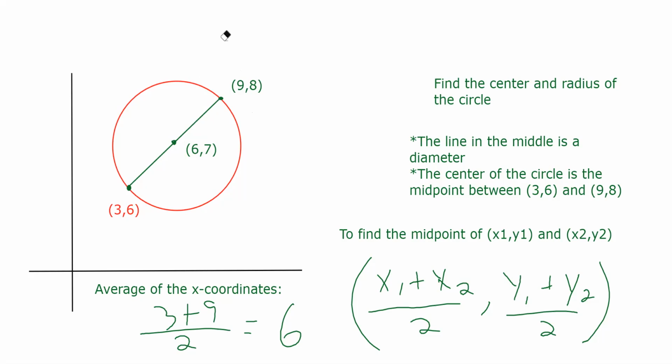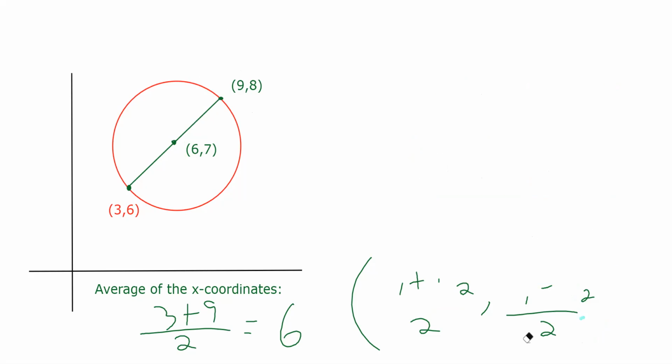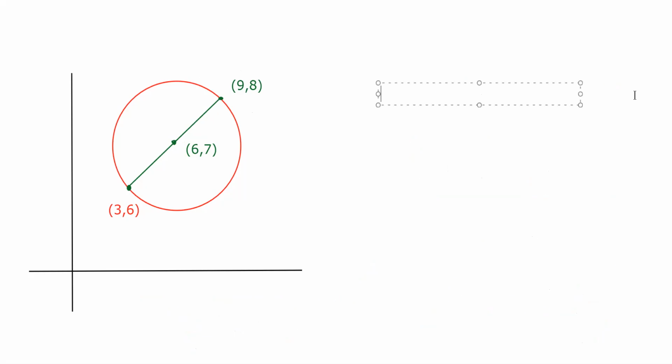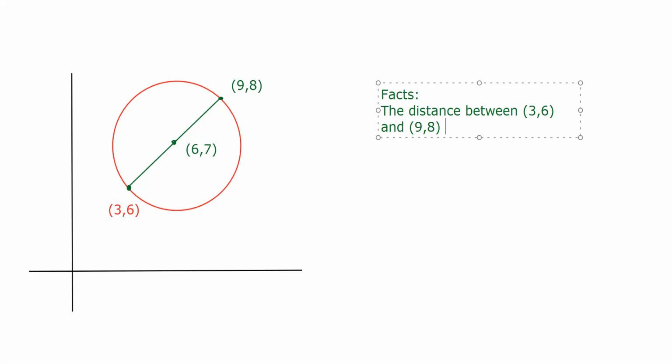So let's do some more facts we know. I'll have to erase this. Sorry, midpoint fans. We already know the center. So a few more facts. The distance between the points 3, 6 and 9, 8 would be the diameter of the circle.